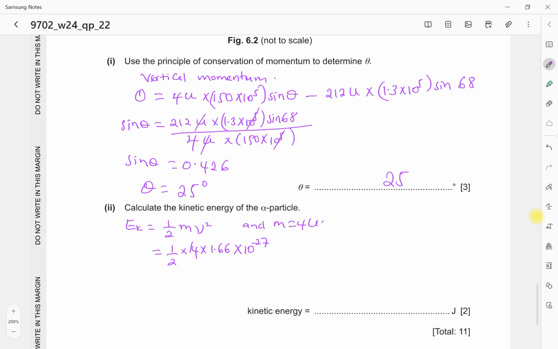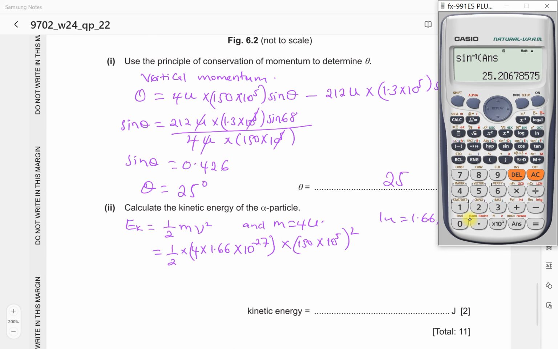To change it to kilograms, because 1u is 1.66 times 10 to the power of minus 27 kilograms. Then we multiply this by v squared, which is 150 times 10 to the power of 5, squared.